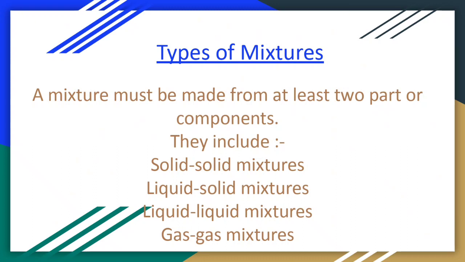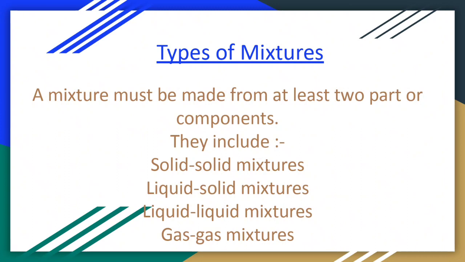Now we have different types of mixtures, and it depends on the components that are present in the mixture. So at least two components have to be present in a substance for us to call it a mixture. Examples of types of mixtures include a solid mixture.